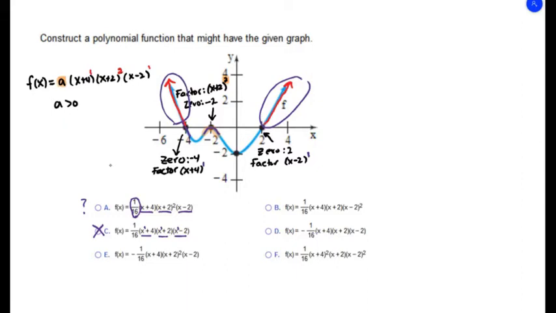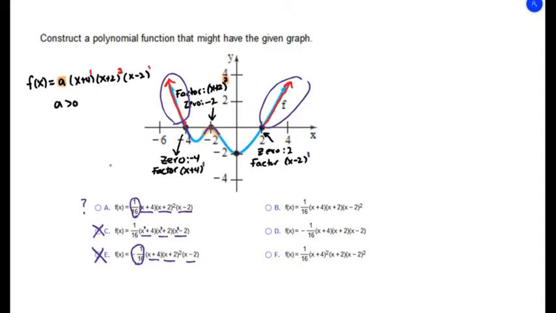In an odd power, the ends go in opposite directions. In this next one, we have x plus 4, x plus 2 squared, x minus 1. That would work. However, the leading coefficient is negative, so we know that the end behavior would be going to negative infinity. So let's rule that one out.